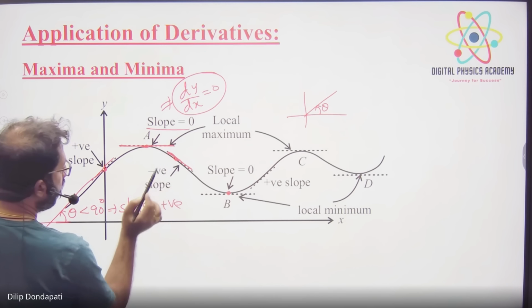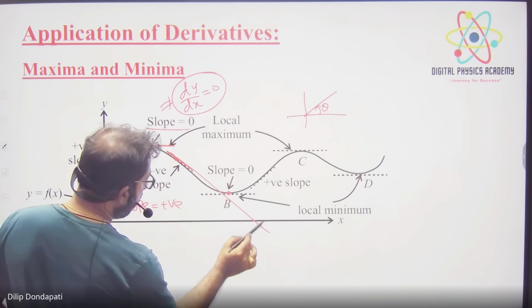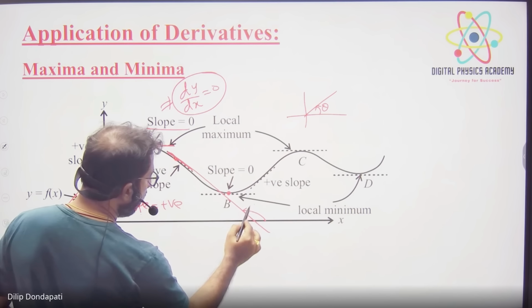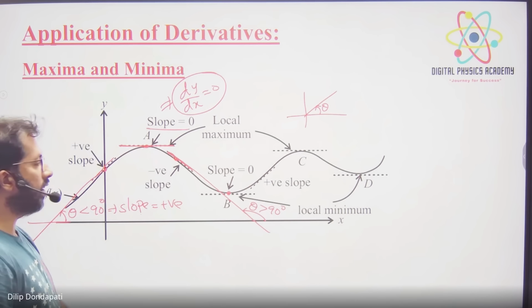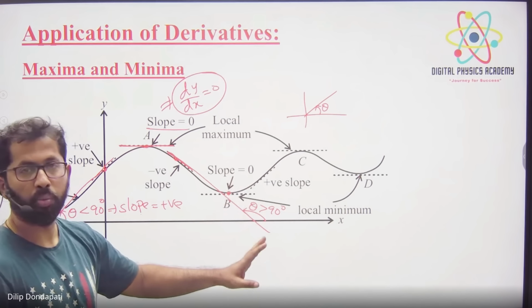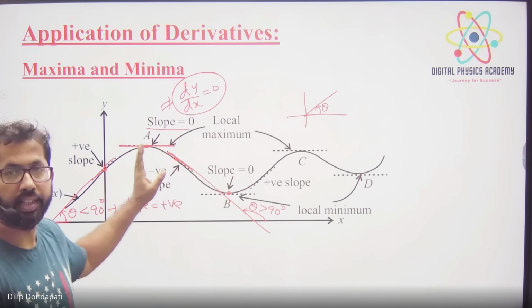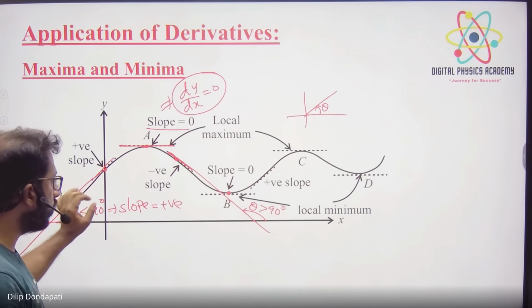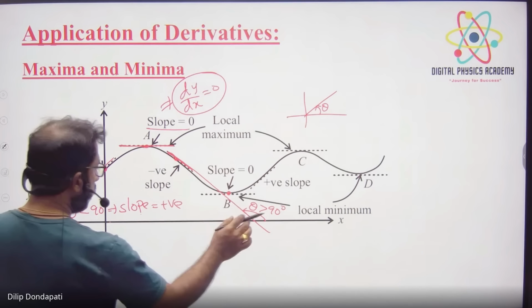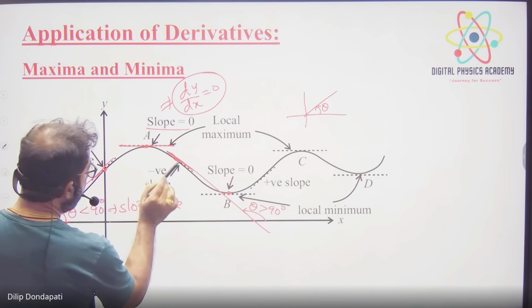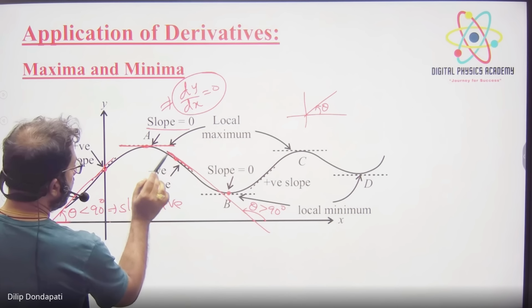Negative because it's down. Why? If we extend, theta is greater than 90. Whenever theta is greater than 90, the slope is negative. Are we understanding? Theta is less than 90, slope is positive. Theta is greater than 90, slope is negative. Okay. Now see, from here to here, is the slope increasing or decreasing?